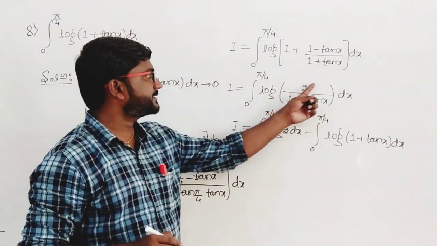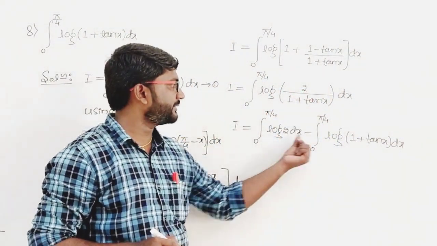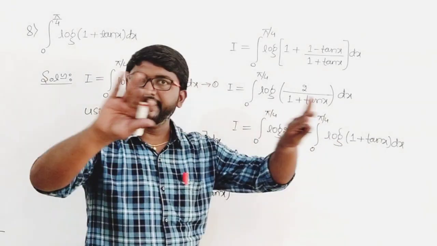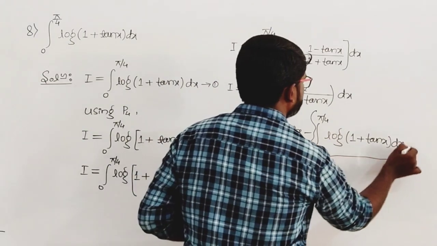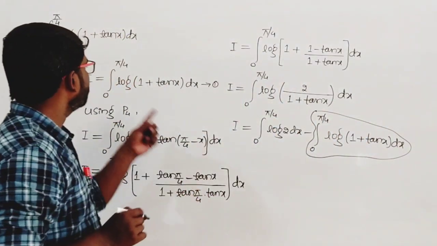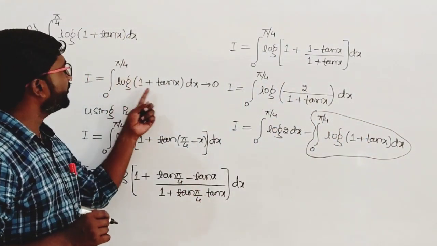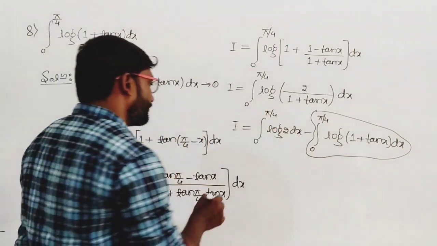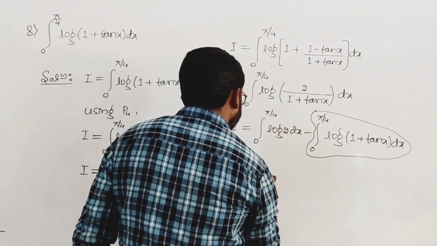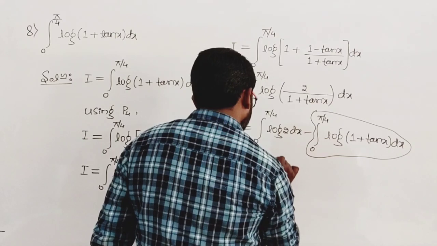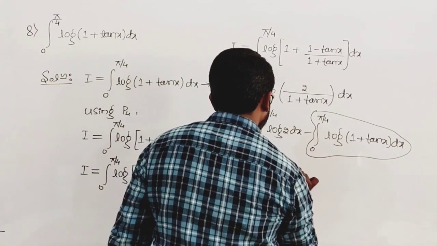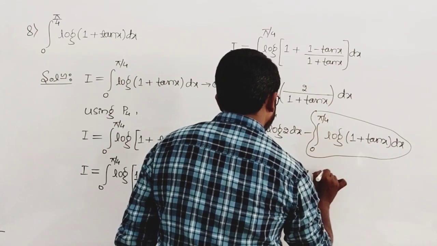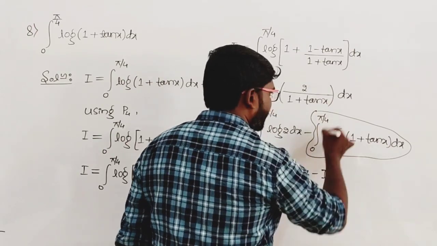Here log of x by y can be written as log x minus log y, and I am integrating them separately. So what is this now? This is nothing but I, integral 0 to pi by 4 log (1 plus tan x) dx. So I is equal to integral 0 to pi by 4 log 2 dx minus I. This I am writing as I.